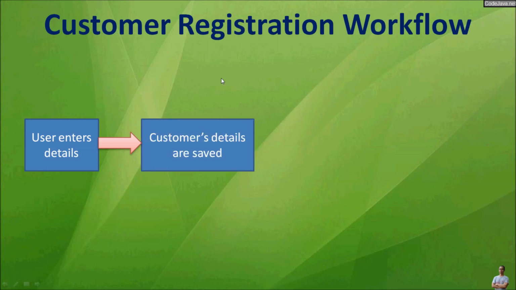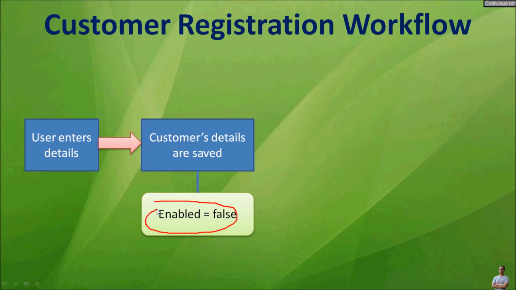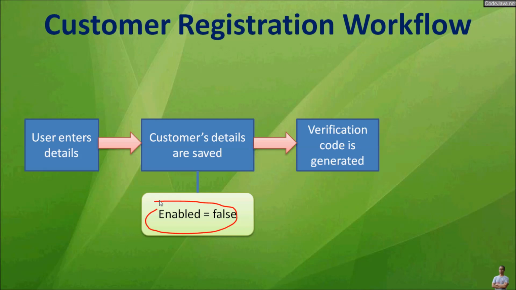Then the application will save the customer's details into the database with the enabled status is false here. And then the application will generate a verification code, and then it will send an email to the customer email address for verification or requesting confirmation.